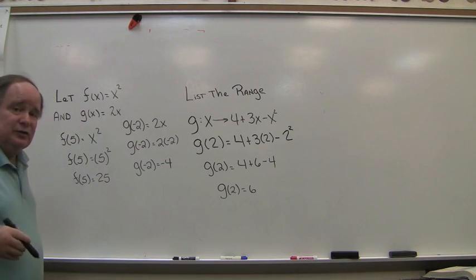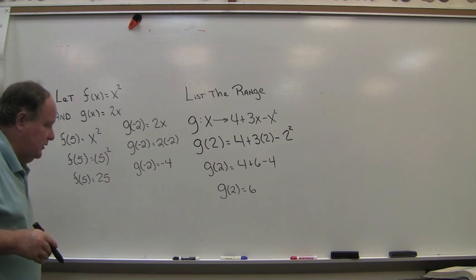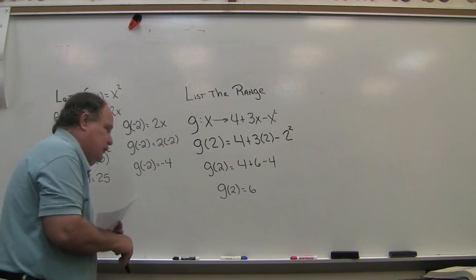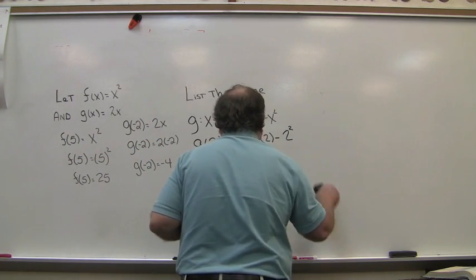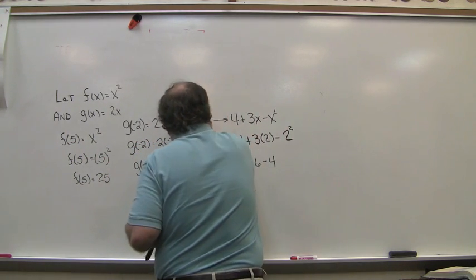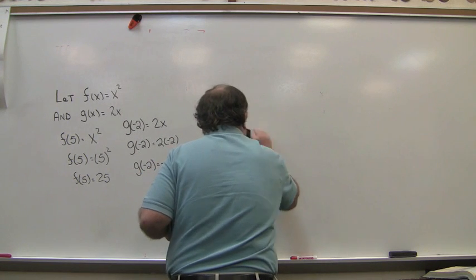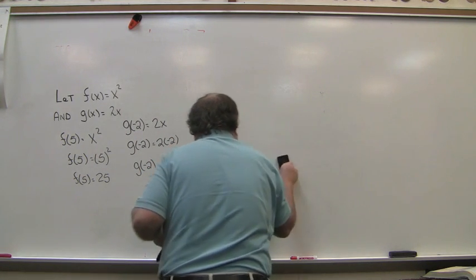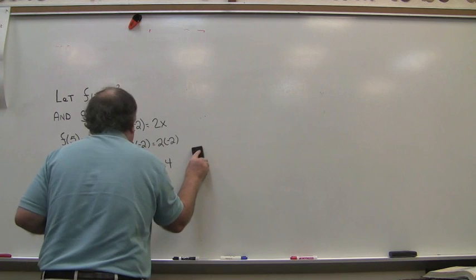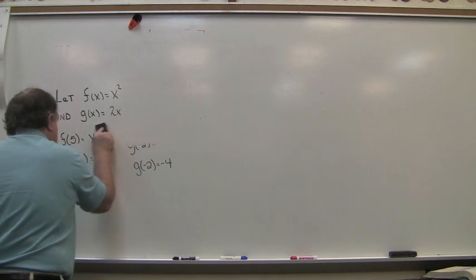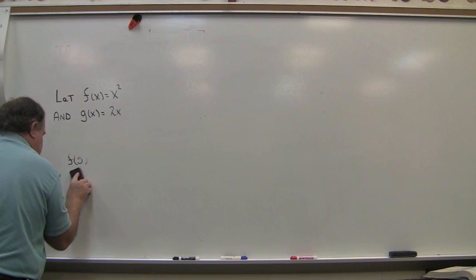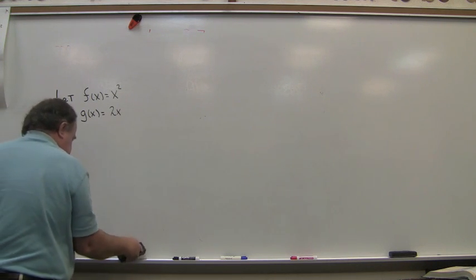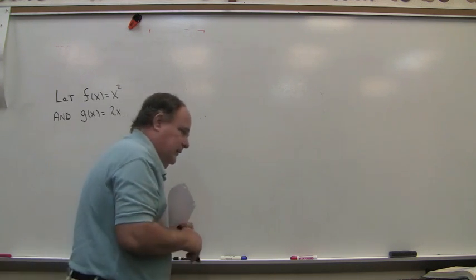Okay? Now let's do another one that's just a little more difficult. It's going to combine two things together. It's still not going to be hard. It's going to be different, but not hard. Let's leave these guys up here and do a problem from the book.